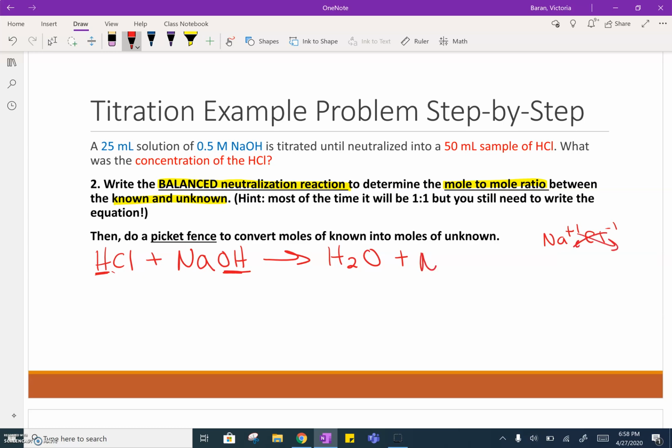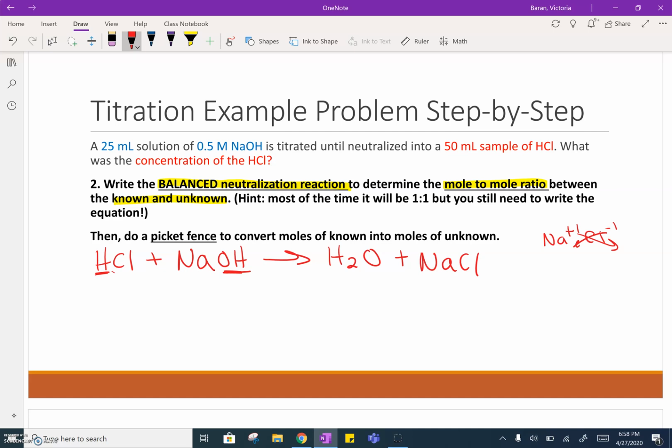So of course, if we do this, we get NaCl. And in this case, this one is already balanced. We have 2 hydrogens on either side. We have 1 oxygen on either side. We have 1 Cl on either side and 1 Na on either side.